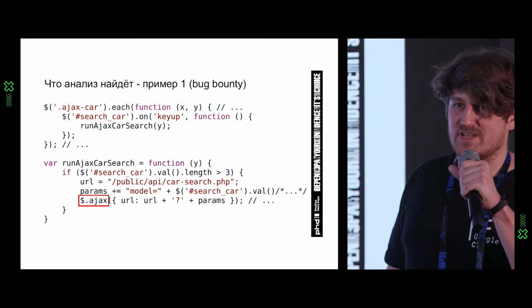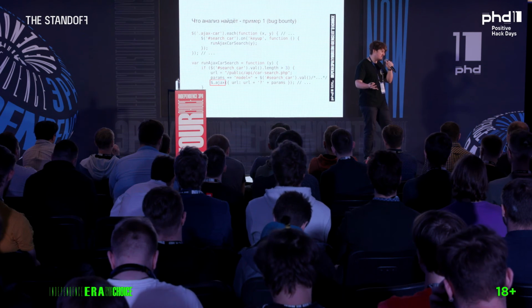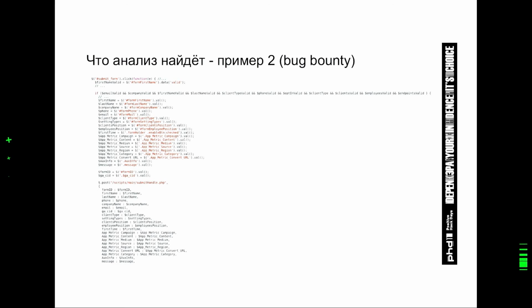Where we analyzed it, we didn't have that element. There was no search car ID thing, so you couldn't find it with a dynamic crawler. Probably in some other place on the site it's there, but not in the pages that we looked at. We couldn't trigger that request at all.